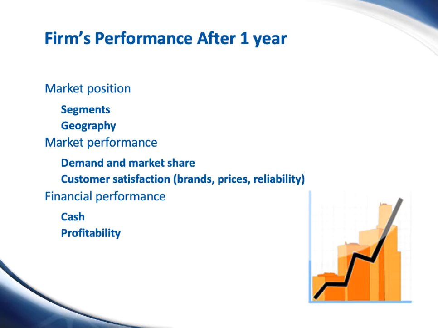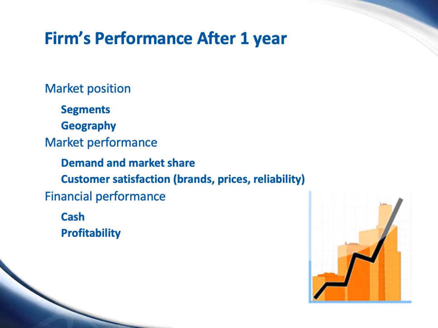So the first thing you have to do in your strategic analysis and review is to look at the performance of your business after quarter 4, which is the first year. What's your market position in the segments you chose to follow, in the geography that you chose to approach? Look at your market performance.